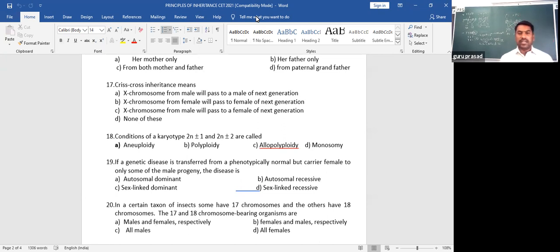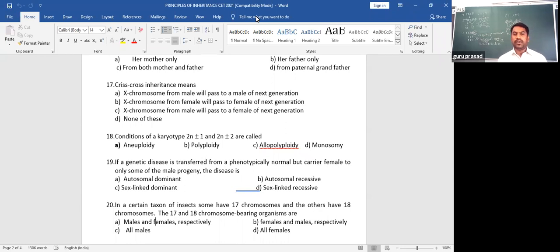If a genetic disease is transferred from a phenotypically normal but carrier female to only some of her male progeny, this is called what? Here, a genetic disease is transferred from a phenotypically normal but carrier female. In the sense, the female is normal, but she has one defective X chromosome, or a defective gene on one X chromosome.